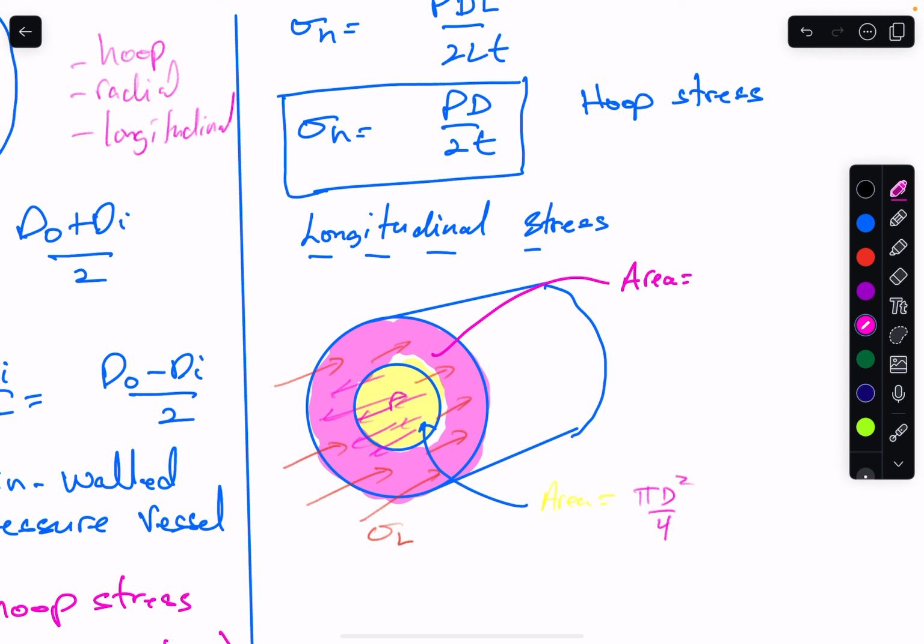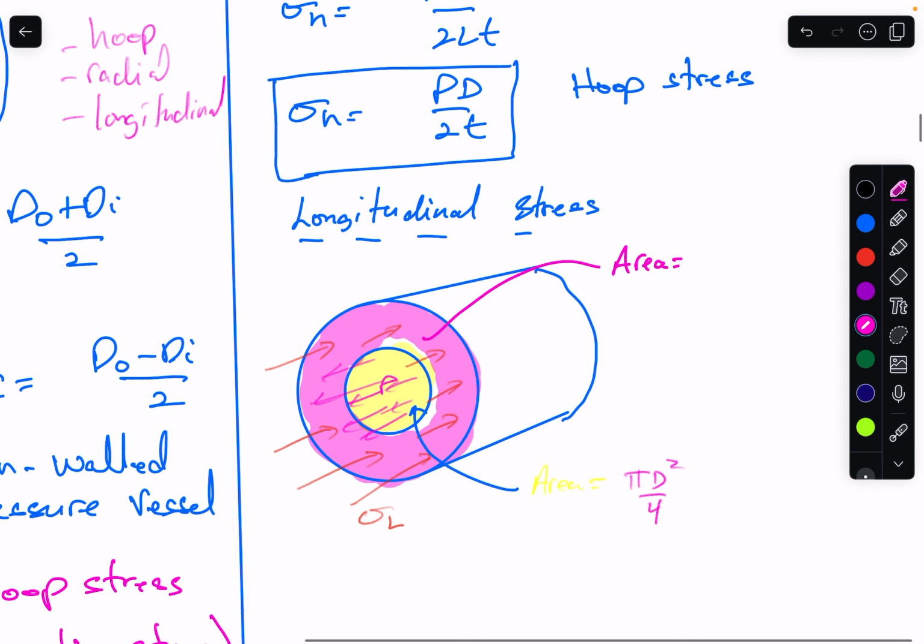Remember again, we say the diameter inside and outside is more or less the same. If you have a page that is rolled up and you unroll it, it will be the length times the thickness. The length is diameter by pi, the circumference, by the thickness t.